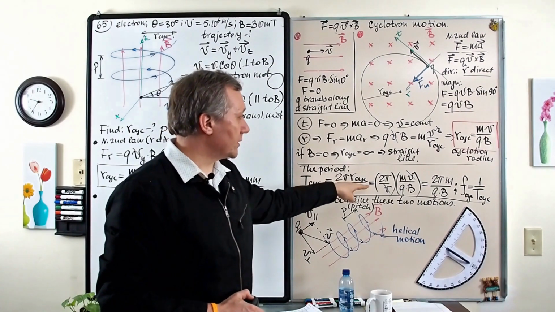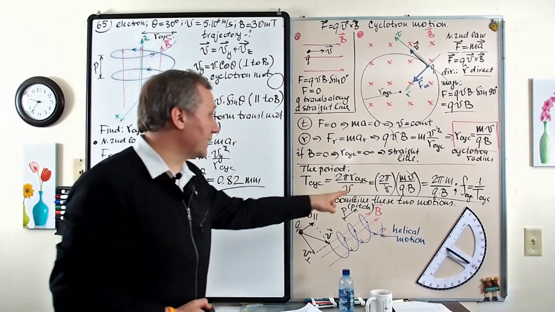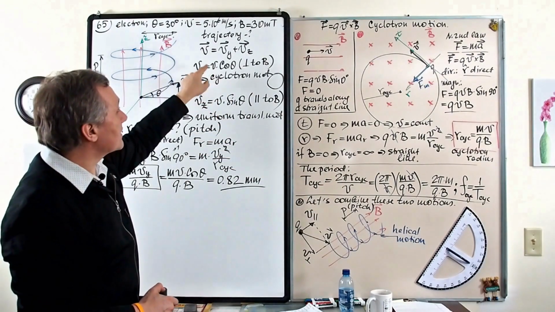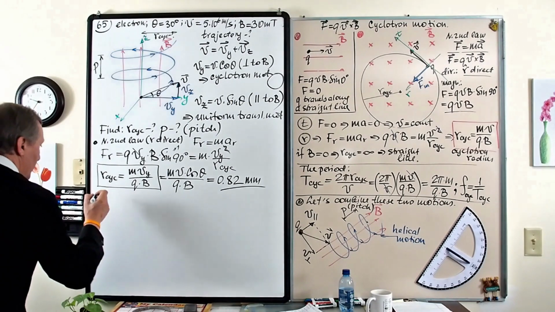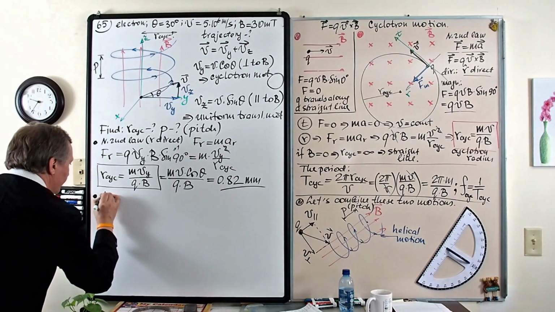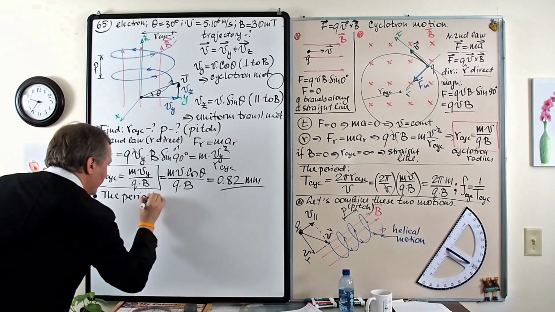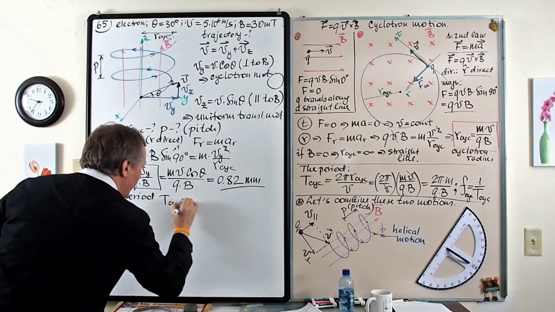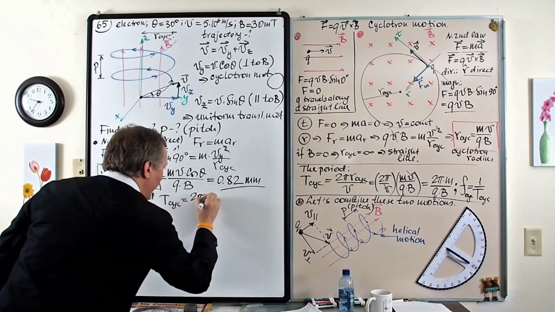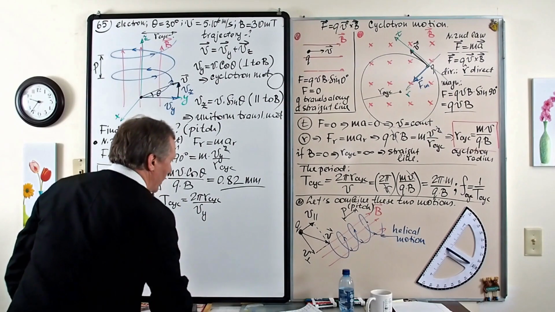So you take the total distance, which is the circumference 2 pi r, divided by the speed. Again, in our case, it's v sub y. So the period will be T cyclotron equals 2 pi r cyclotron divided by v sub y.